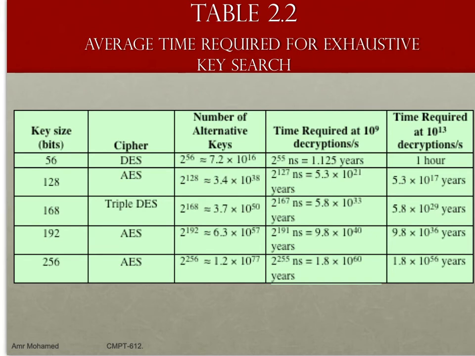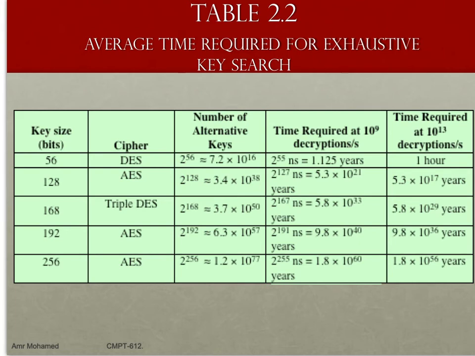AES is required to have a key size that starts from 128. So starting from 128, there is of course 256 and more. So AES, assuming again we use brute force, would be like 2 to the power 128, which will require a huge number of years to break with the key size of 128.